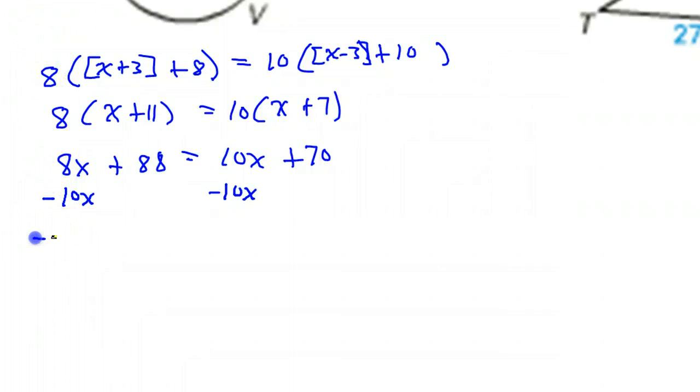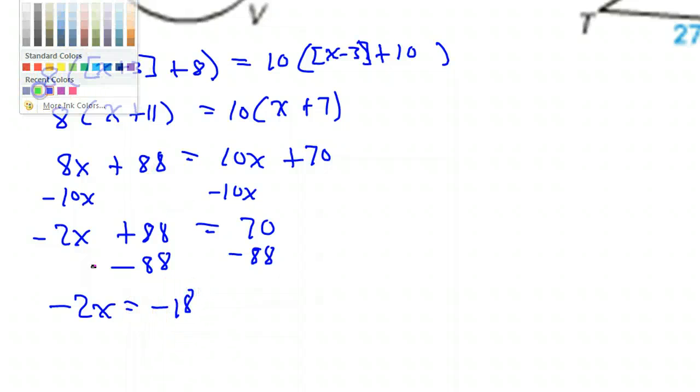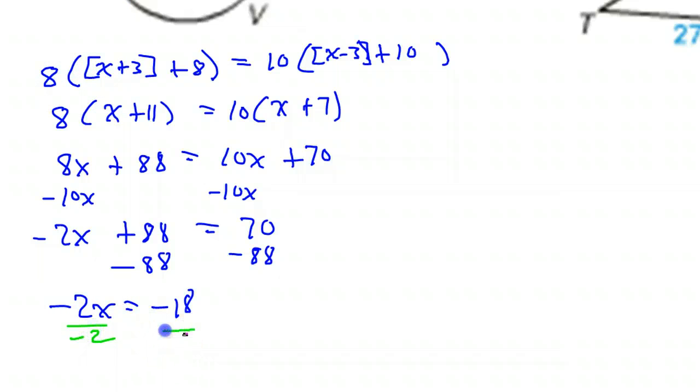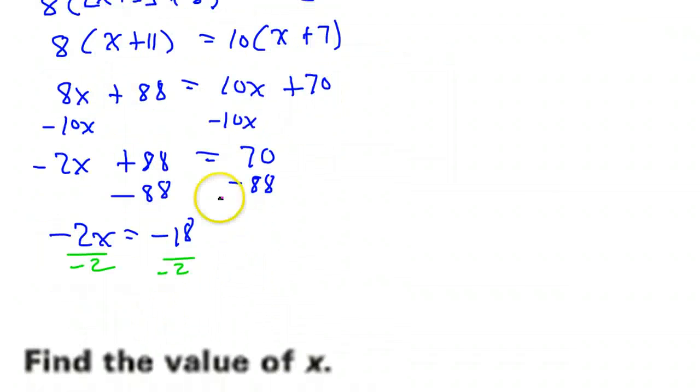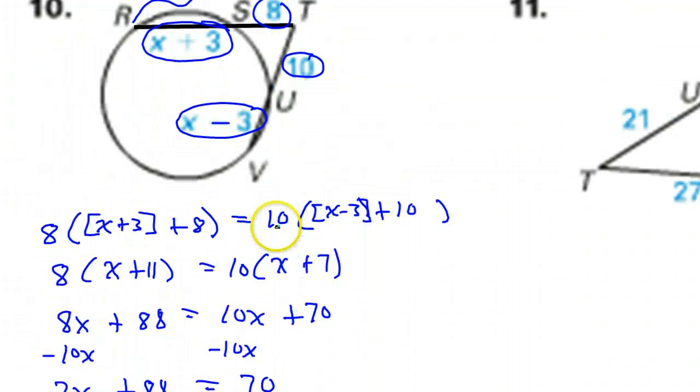Alright, that is going to give me negative 2x plus 88 is equal to 70. Subtract 88 from both sides, so negative 2x is equal to negative 18. And then we divide both sides by negative 2, which of course will give us x equals 9. And that was the answer to number 10.